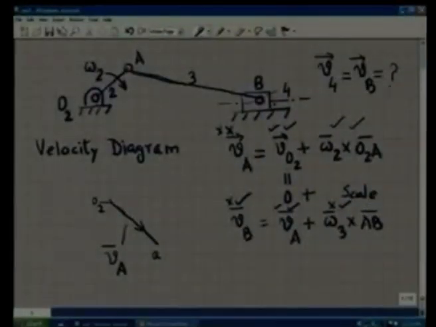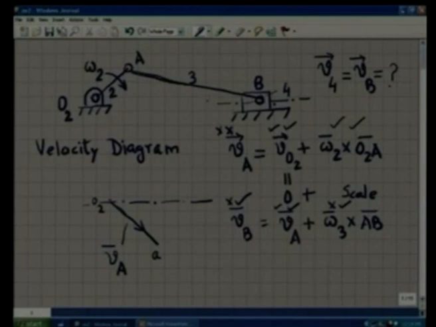I know that the velocity of the point B is horizontal, so it must be represented by a horizontal vector passing through o2. And omega 3 cross AB is perpendicular to the line AB, that is, it is in this direction which is perpendicular to the line AB. So through a, I draw a line which is perpendicular to the line AB.